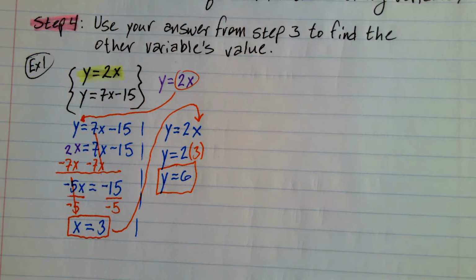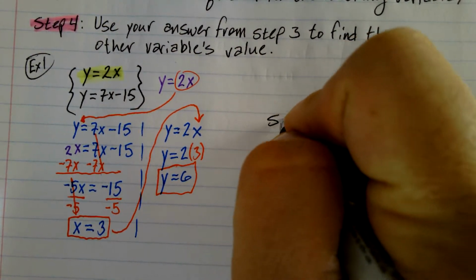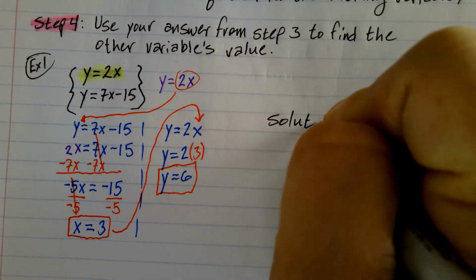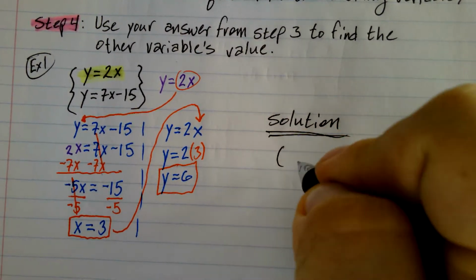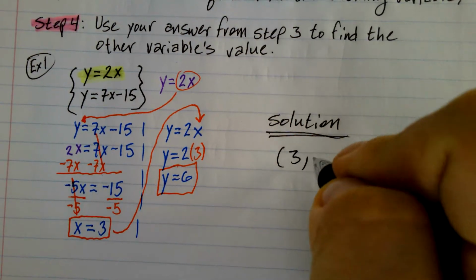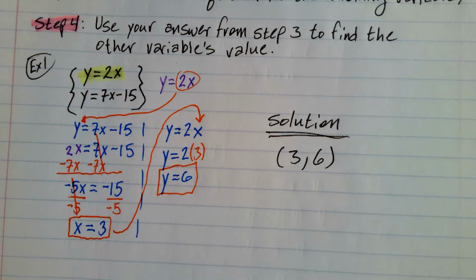I got my answers. X is 3, y is 6. So I didn't need to graph this line or lines. I got the answer by doing a little bit of algebra. My solution is the following: 3, 6. All right.